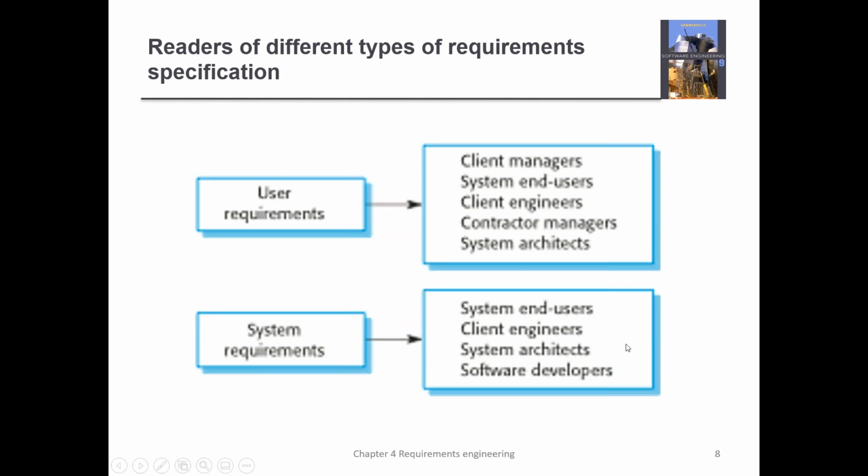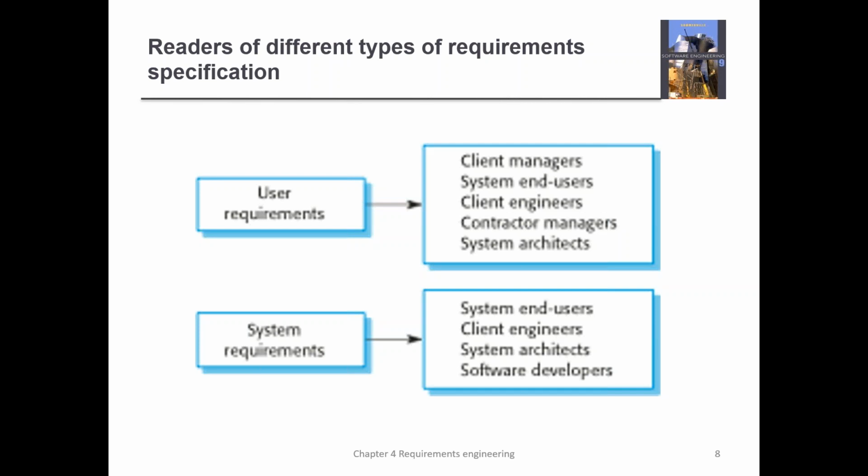The system architects are the ones developing the system, and the software developers, the development team, will be the ones that the system architects send the requirements to for the modeling itself. So those are the persons, the engineers and the end users, from the client side.